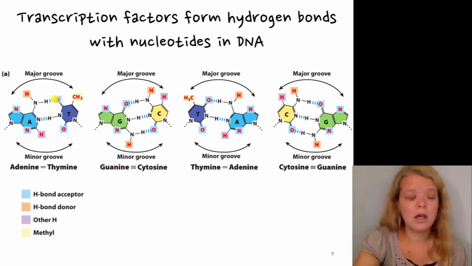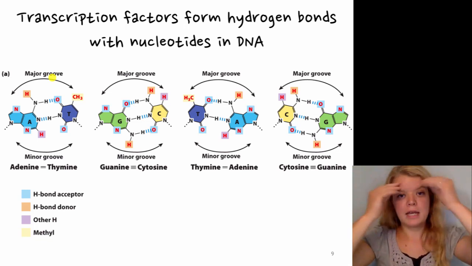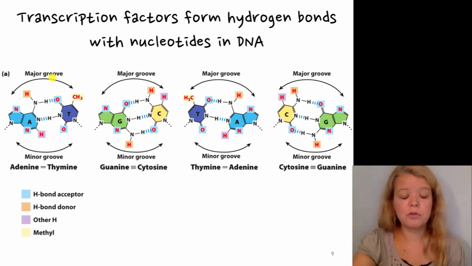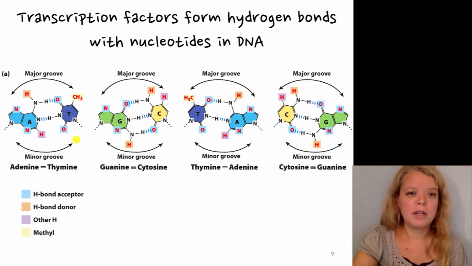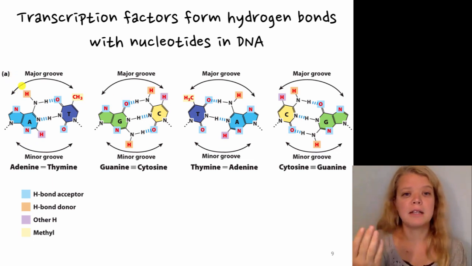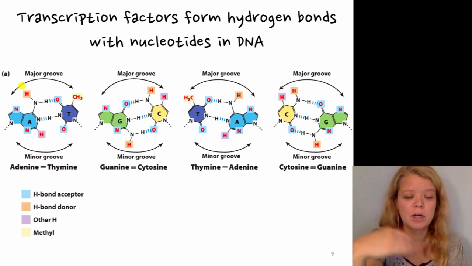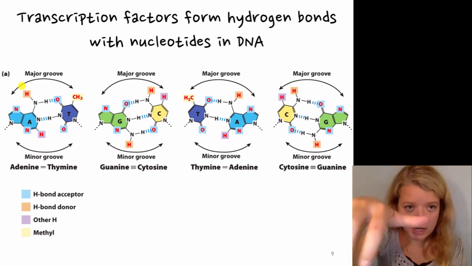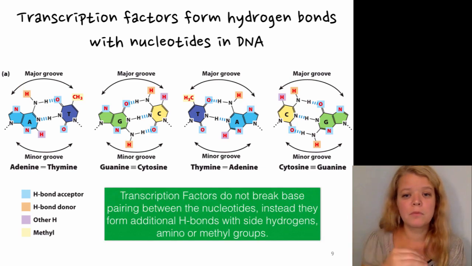They base paired. But in the major groove, you remember how DNA has a major and a narrow minor groove? In the major groove and in the minor groove, there's still things protruding out that are charged and can act as hydrogen bond donor or acceptor, to which transcription factors can interact, very specifically.